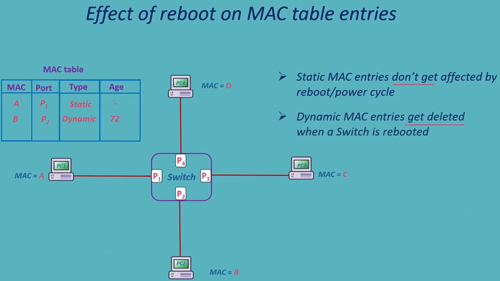But if there is a dynamic entry in the switch and we reboot the switch, the entry will go away, and even when the switch comes up, the entry will not get automatically populated. It will have to wait for a frame to arrive, and again we will have to relearn the MAC address.